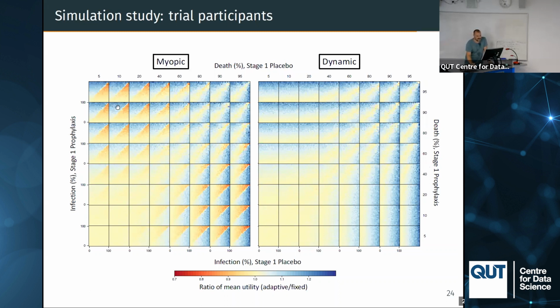Here, this is represented by the lower diagonal. But a much higher death rate following that lower infection rate, then you end up with a reduction in utility. It's one of those ones I have to stare at, I think.